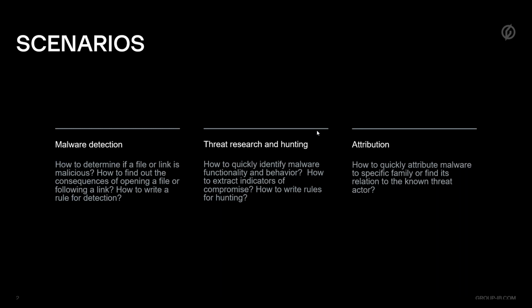And you want to know the functionality and behavior of these files or specific links that you found. And also you want to find some indicators of compromise that can be useful for detection rules, or maybe you want to use behavioral analysis and, based on this analysis, write some rules for threat hunting, for example, to hunt these samples in your infrastructure.